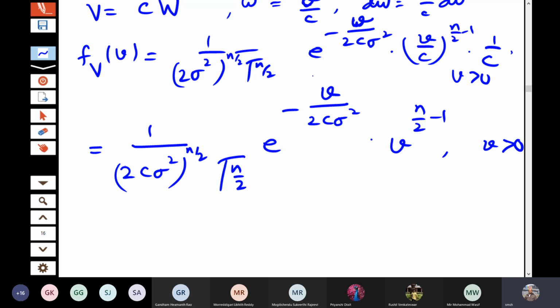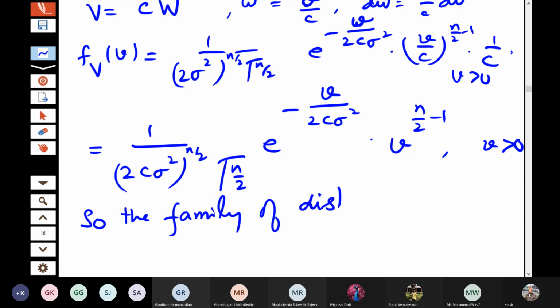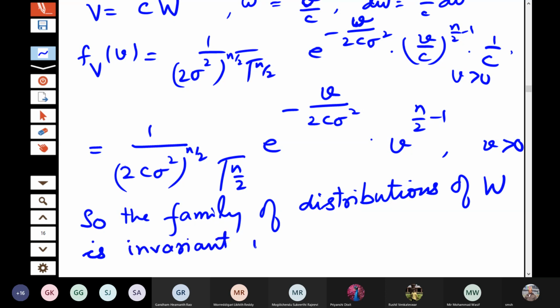So the family of distributions of W is invariant under this group of transformations. So under the scale group G, this is invariant.